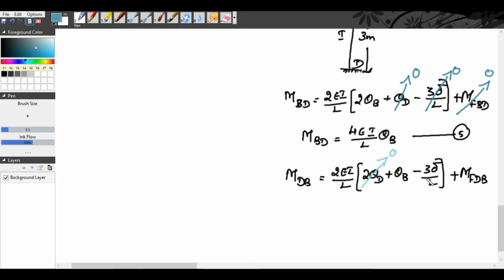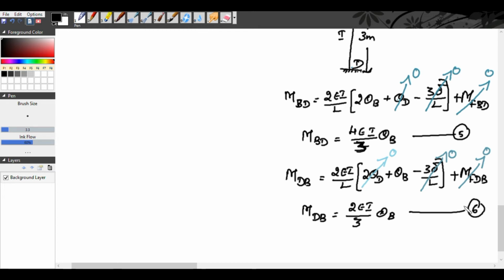There is no settlement of support, so delta becomes 0. There is no external loading, so MFDB becomes 0. So, the only values available are 2EI by L. Here L is 3, okay? 2EI by 3 into theta B. This is our equation number 6.